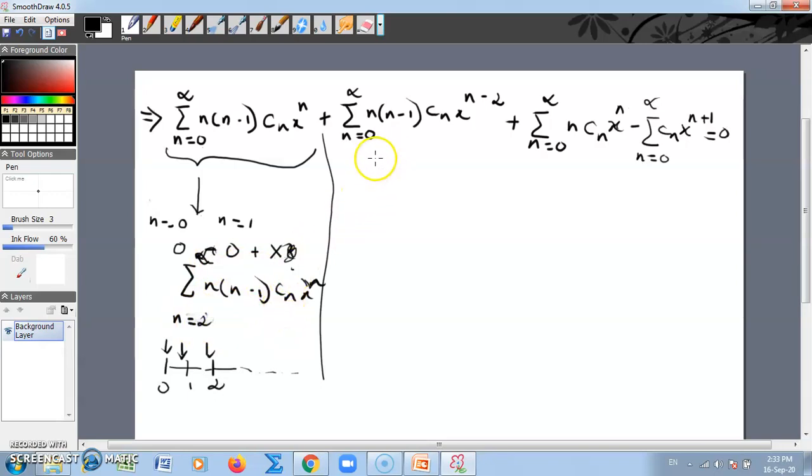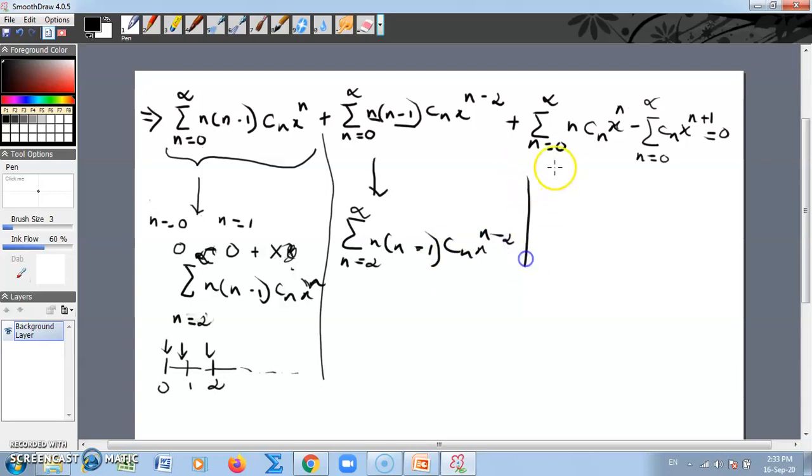Now let us come to the second one, this one. What happens in this second one? Doesn't the same thing happen here? Because you see, here also we have got n minus 1 like this. So here too we can assume that this has started from n goes from 2 to infinity, n(n minus 1) cn x to the power n minus 2.